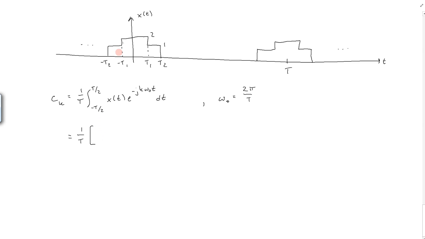So we can break it up into 3 parts, and we're going to look at the integral from negative T2 to negative T1 of 1, since that's the amplitude over here, times e to the minus jk omega naught t dt, plus the next component from negative T1 to T1, and it has an amplitude of 2 times e to the minus jk omega naught t dt, plus the last component, which is from T1 to T2, with again an amplitude of 1, e to the minus jk omega naught t dt.